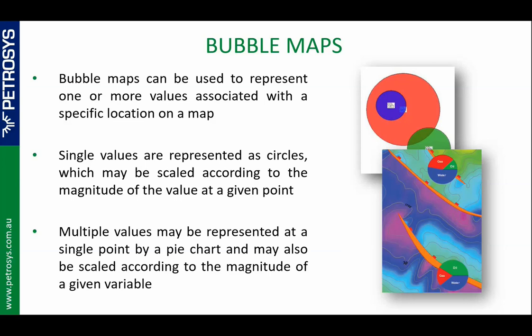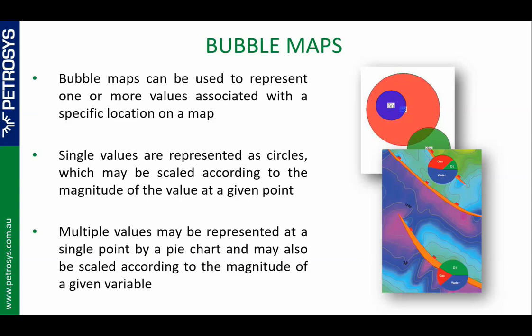So for example, in the graphic that you see, a production data set, gas, oil, and water, is represented as a pie chart. So instead of looking at the size of the circle here, what is relevant is the size of the pie of each one of those properties, right? So that's the key difference between single values and multiple values.